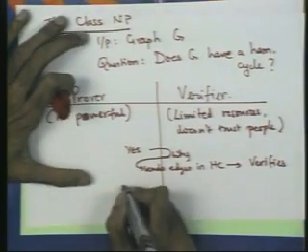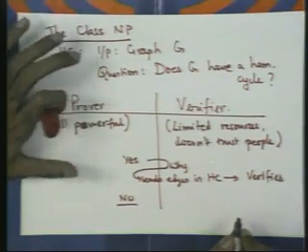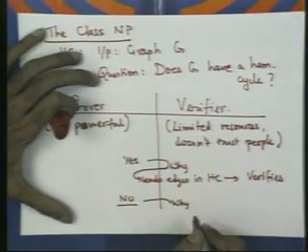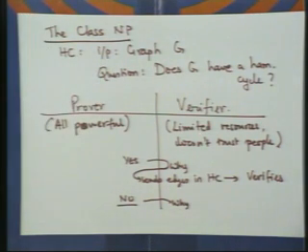Now supposing he says no, it does not have a Hamiltonian cycle. Now the verifier asks why, and what does the prover do? How can he convince this verifier that a given graph does not have a Hamiltonian cycle? Think about this for a little while, you will see that it's a difficult question to answer.